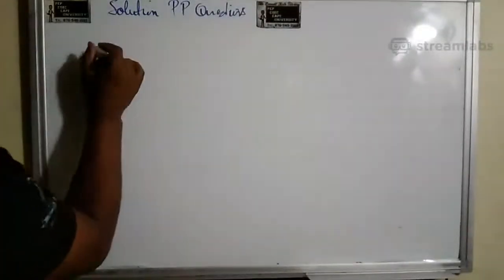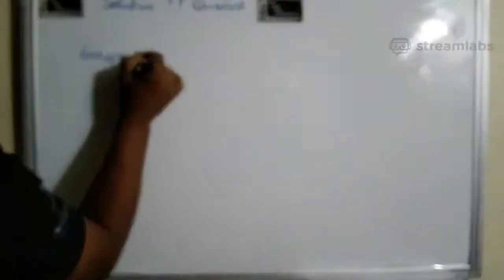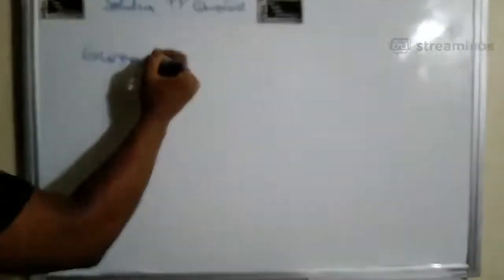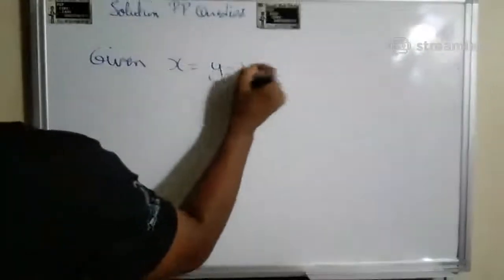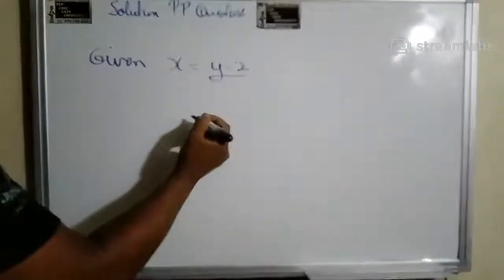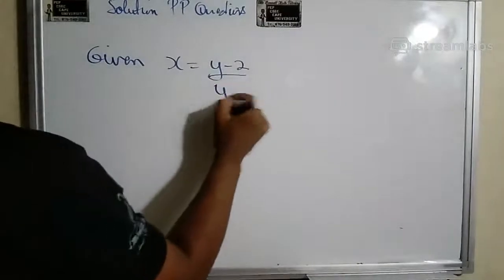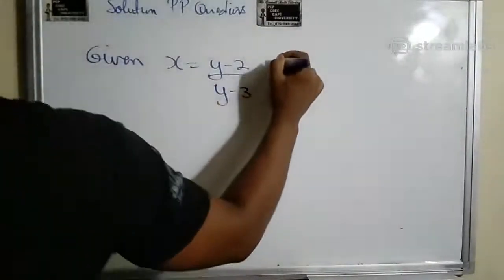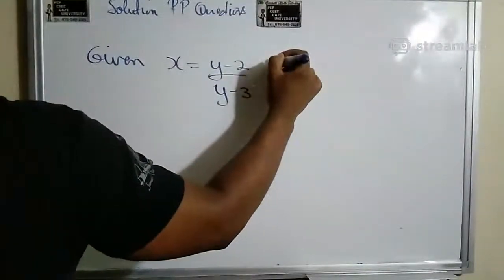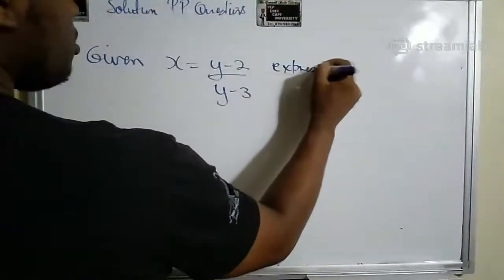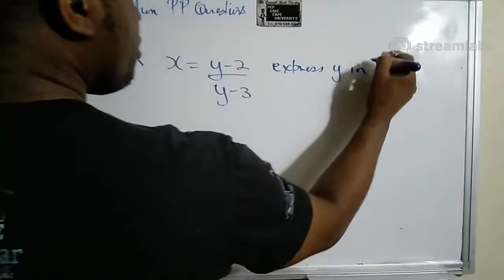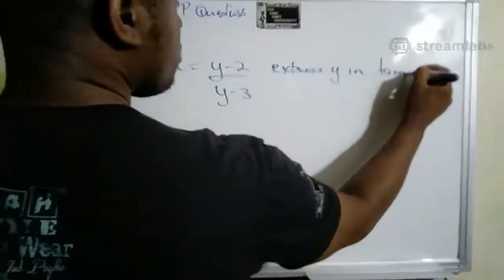It says given x is equal to y minus 2 upon y minus 3, and it said express y in terms of x.